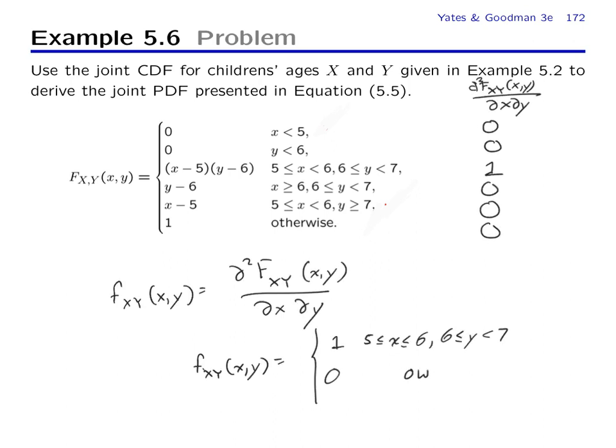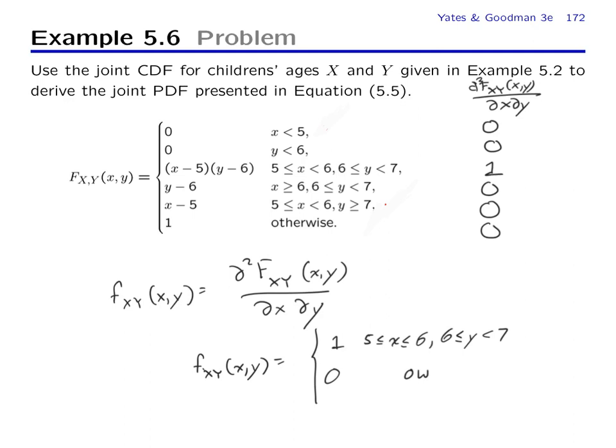And my contention is that this is a pretty nice, simple, easy to understand answer. It says that for all x's and y's in the box between x's from 5 to 6 and y's from 6 to 7, the density is uniform over that box. This is pretty straightforward and easy to understand.